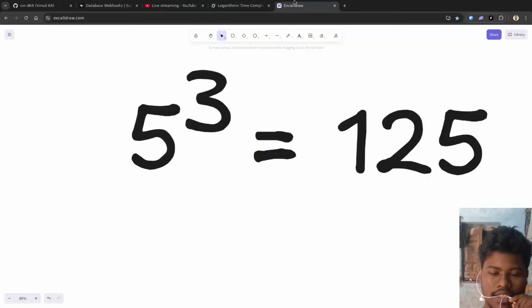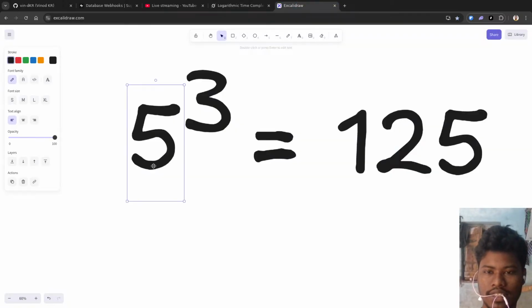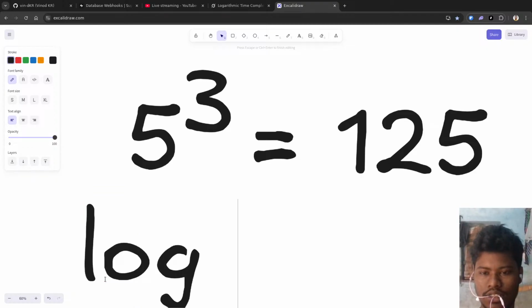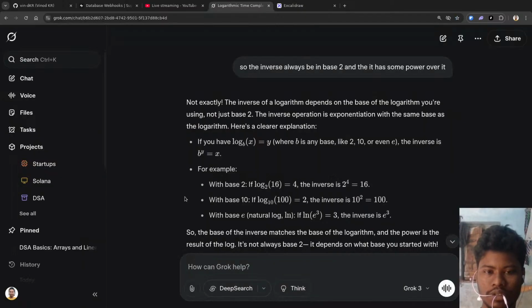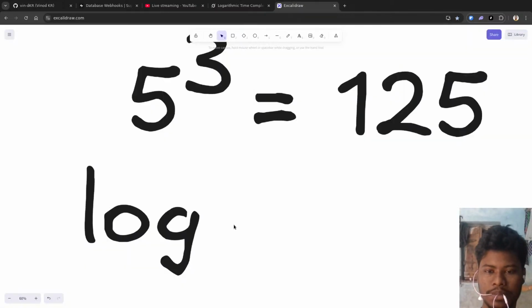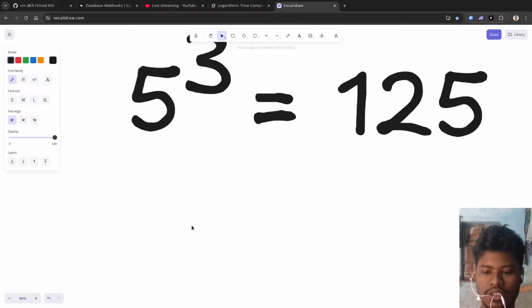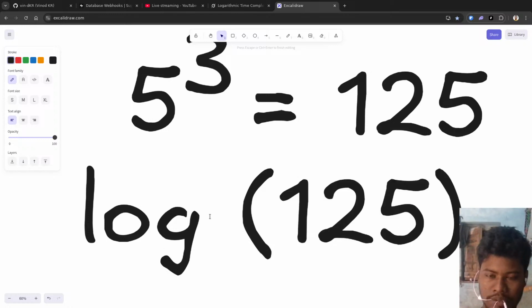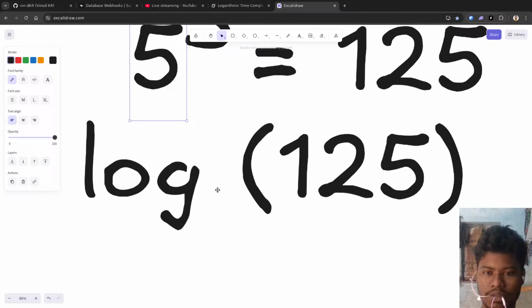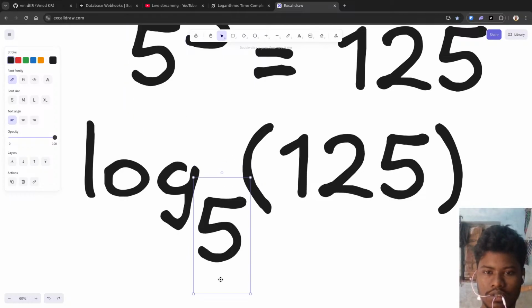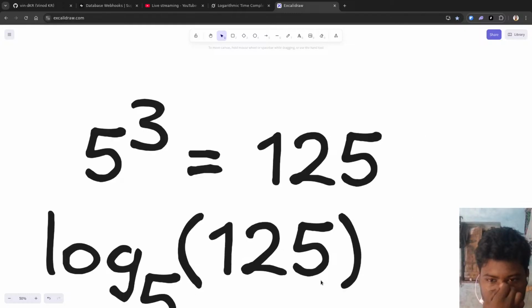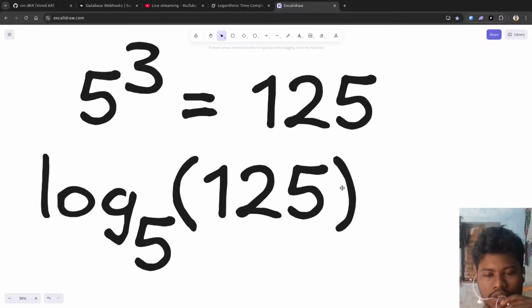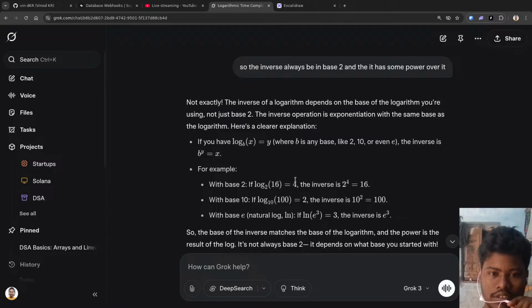Log base 5 of 125, correct? Log base 5 of 125. That's it. The answer is the power.